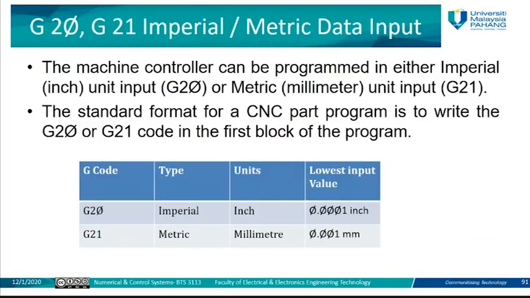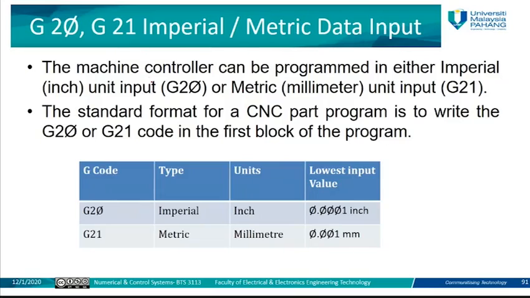These two commands are general commands and are applicable to the whole code to define the measurement standard: either G20, which is for imperial or inch units, or G21, which is for metric or millimeter units. For example, if your drawing is based on millimeters, you directly use G21 for your program.